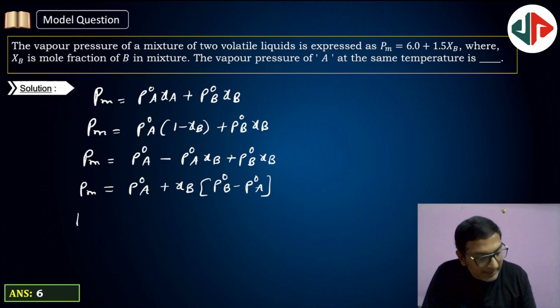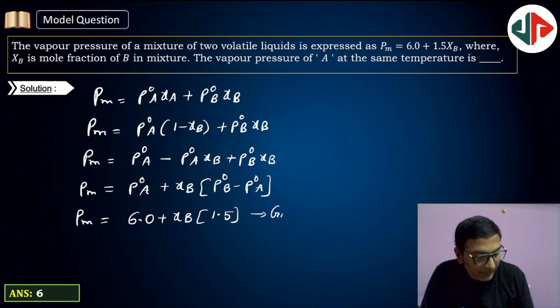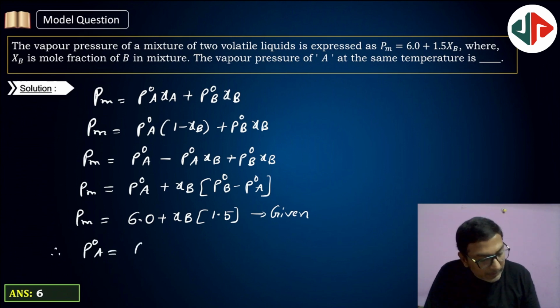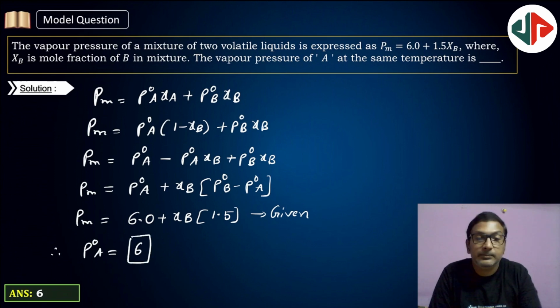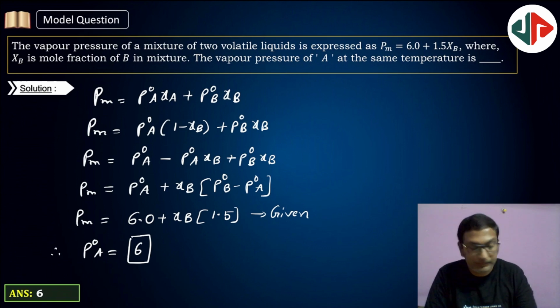So compare this expression with the given expression Pm equal to 6.0 plus XB into 1.5. So from this, the vapor pressure of A, which is P naught A, equals 6. Simple question. Next, from P naught B minus P naught A equal to 1.5, we can find the P naught B value. So the answer is 6.